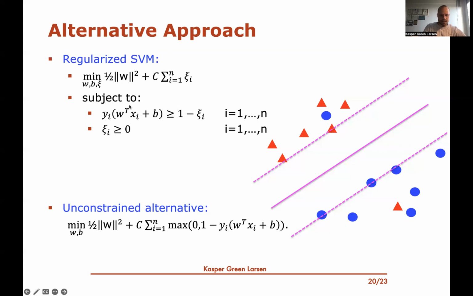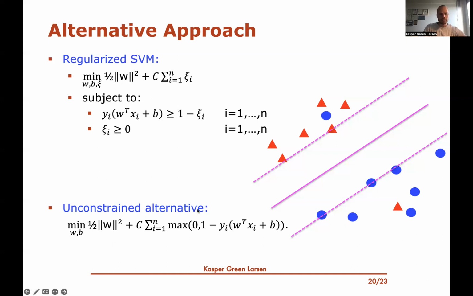If you think about it, the first constraint here, if you isolate psi, move the functional margin to the other side, you get that psi is greater than or equal to 1 minus the functional margin, which is what we put down here. And also psi greater than or equal to 0 corresponds to taking this max of 0 on this expression here. So there's some resemblance between these two formulas.